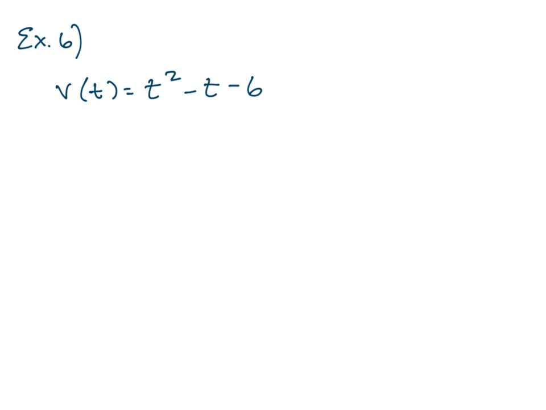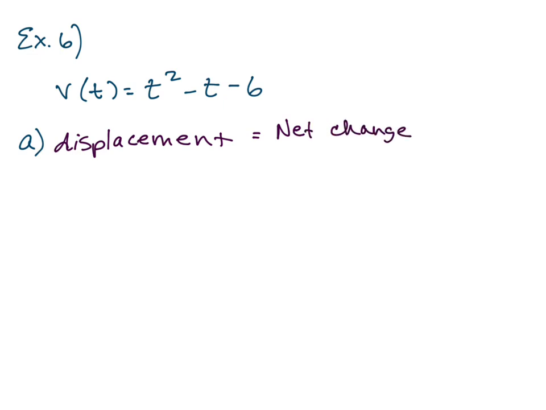Find the displacement of the particle during the time interval from 1 to 4. So part A says find the displacement. I'm going to switch my colors here. And if you'll remember, displacement is net change. I want to take my positives, I want to subtract the negatives, and I want to deal with what's left.